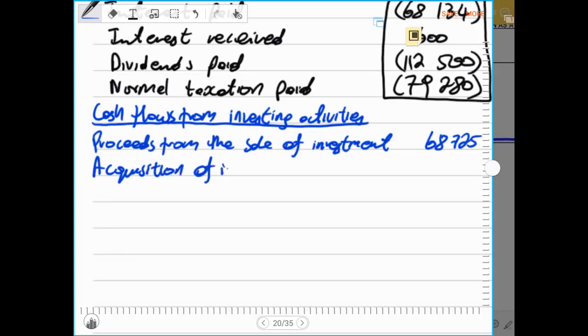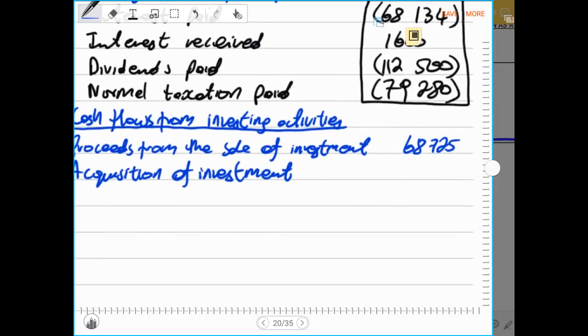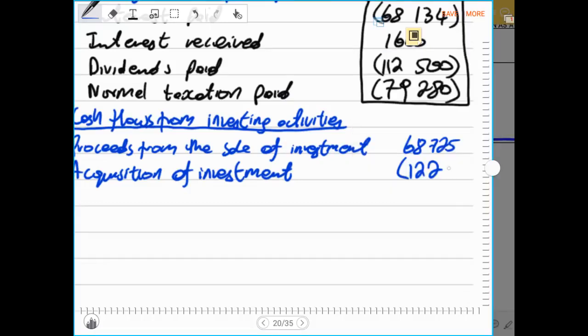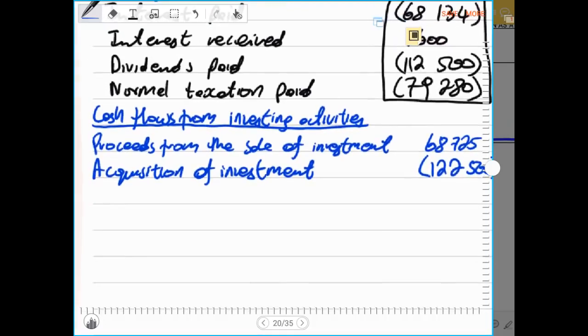If we acquire an investment, we are taking money out of the business, and that is a cash outflow. Therefore, the 122,500 will be negative because we took money out of the business and invested it in an investment account.